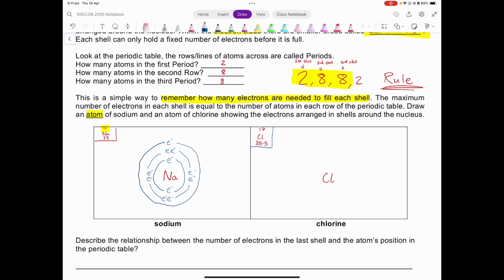Up next, how many electrons are we going to have in chlorine altogether? 17. So, I want you to have a go at drawing these shells. I'm going to pause my screen so you can't see the answer. I want you to have a go.